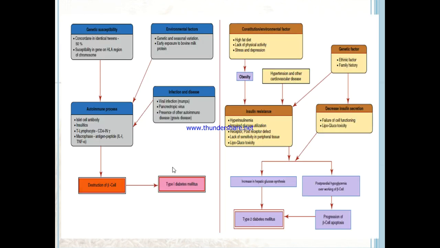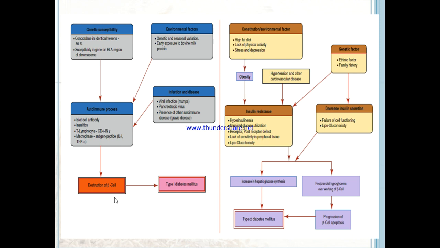Now, majorly, type 1 diabetes mellitus and type 2 diabetes mellitus. Type 1 diabetes mellitus is also called an autoimmune disorder. Clear? Autoimmune disorder. Why is it an autoimmune disorder? Because genetic susceptibility, environmental factors or infection and disease are responsible for the autoimmune process, which leads to destruction of the beta cells.